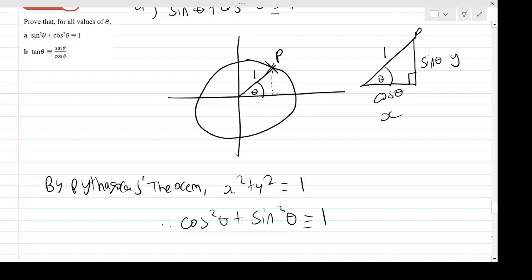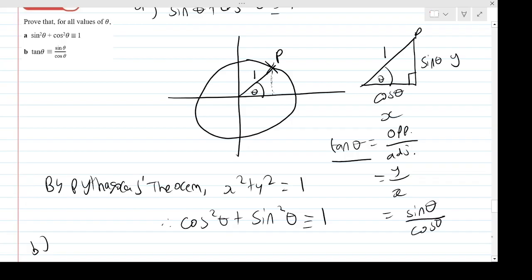So we proved this identity here, right? Okay, part B then says we need to show that tan theta is sine theta over cos theta. So again, if we go back to this triangle here, well, we know that tan theta is opposite over adjacent, but we know the opposite is y, and we know that adjacent is x, but we also know y is sine theta and x is cos theta.